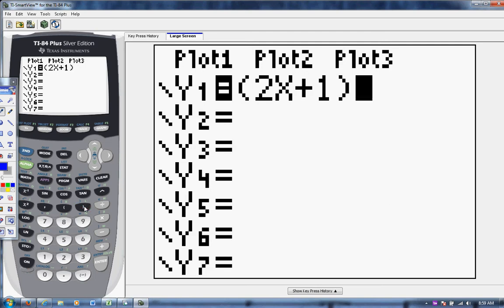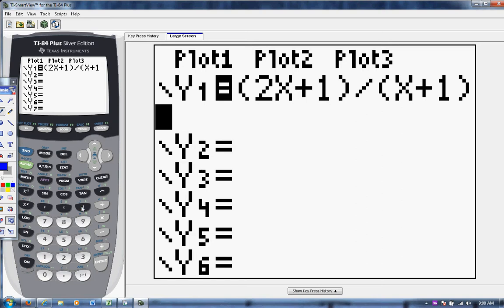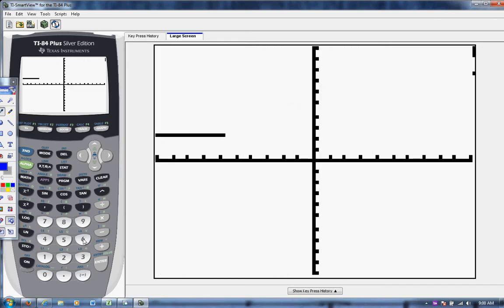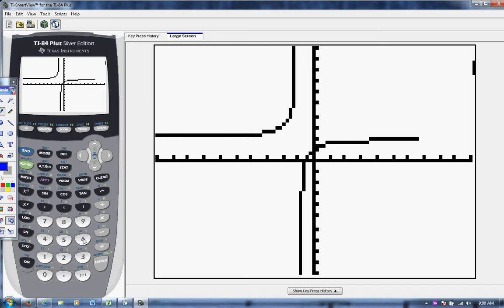If you don't, it will not graph it correctly. 2x plus 1 divided by the denominator also needs to be in parentheses, x plus 1. Okay? Now, if I just do a regular zoom standard on this thing, we see my function.